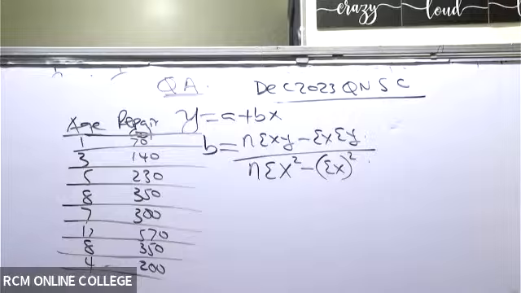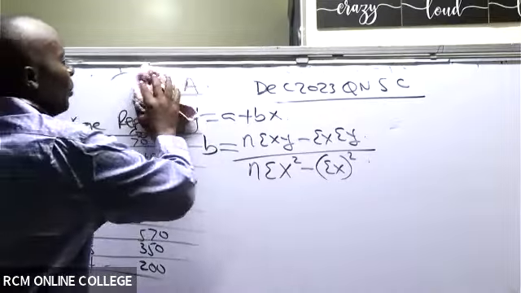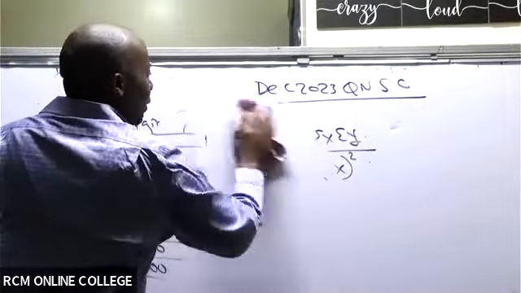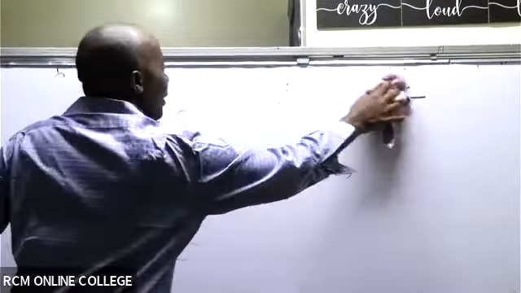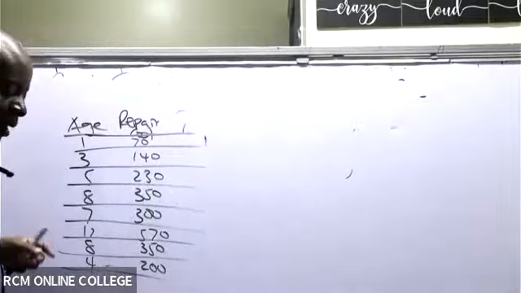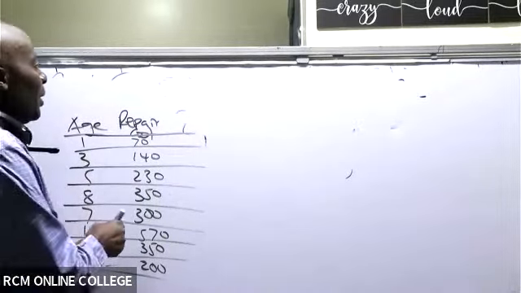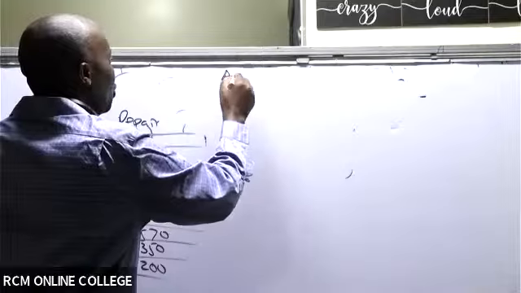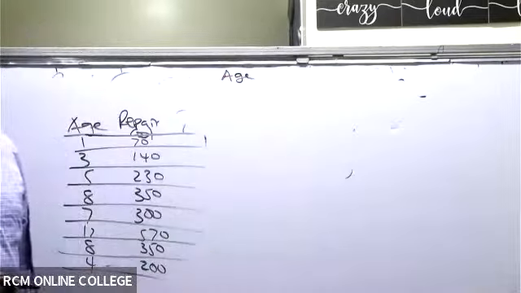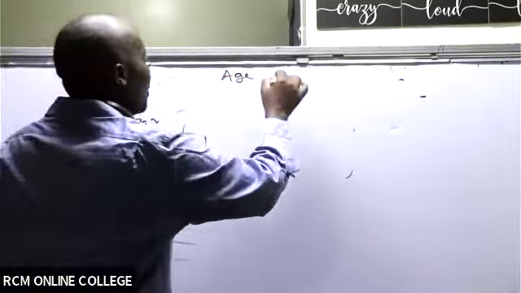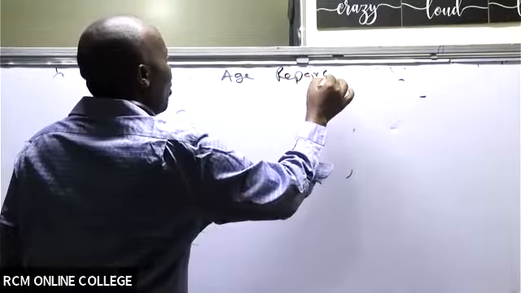How about the other ninjas? Great. Sarah is saying that's fine. So unfortunately, I will have to rewrite my table because of the size of my board. The size of my board dictates that I have to start writing up a little bit. So we have here age versus repair cost.